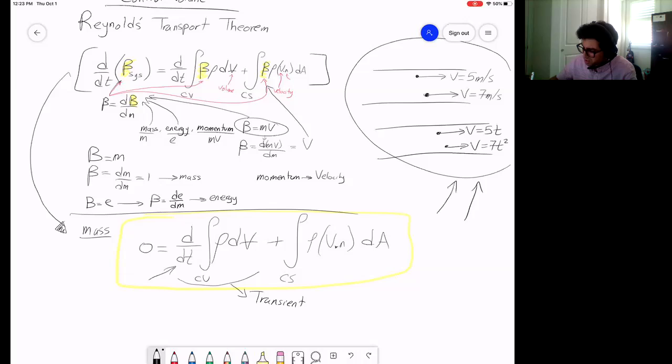I know it's not really relevant in this chapter, but once we learn about pumps, you have transient and you have steady state, so this is a pretty helpful example to differentiate between the two.